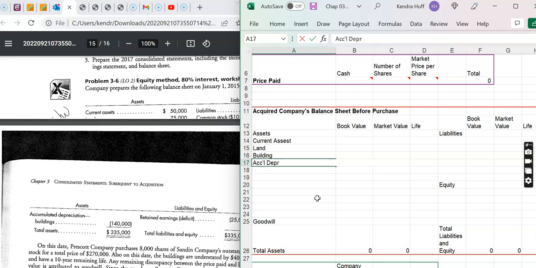Accumulated depreciation. 50, 75. I said for building 50. And accumulated was 140. So that's net of 210. Kind of need to remember that.